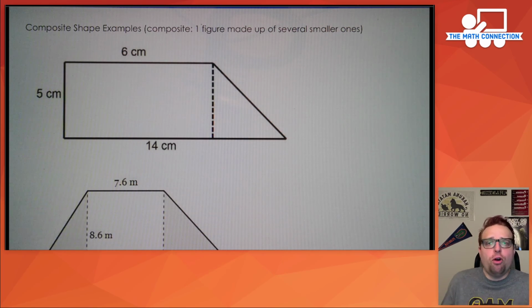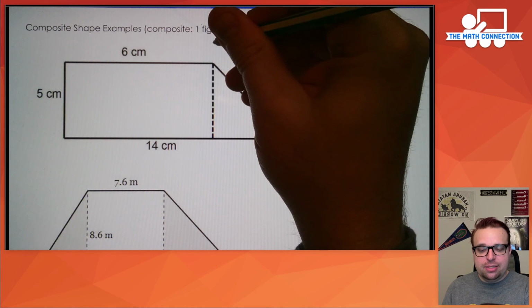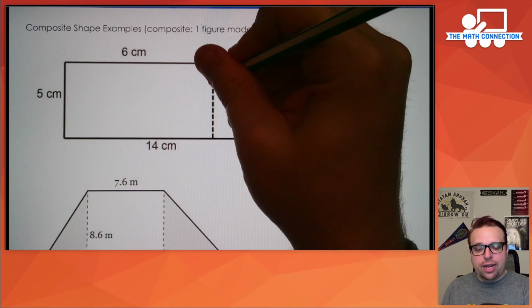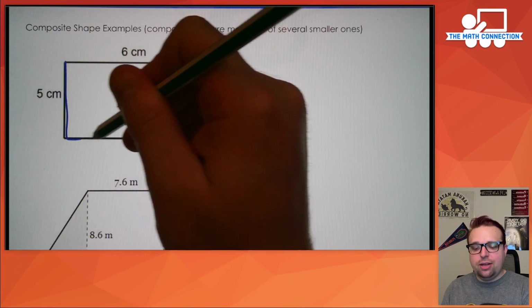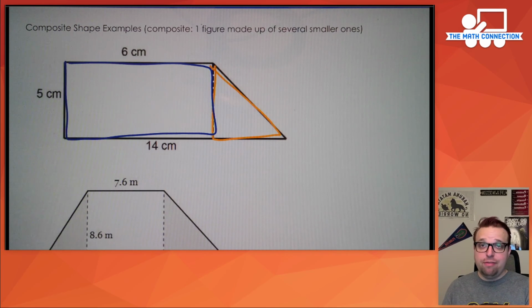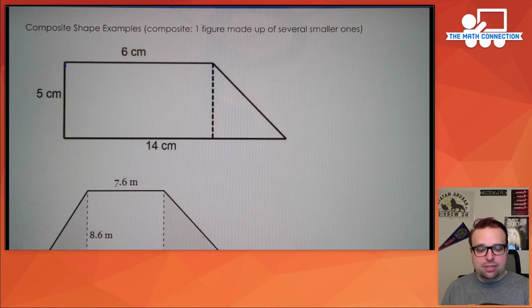There's no formula. What formula do I follow? Okay. But really, if you break this shape apart into two pieces, you have a triangle over here, which you have a formula for, and you also have a rectangle over here, which you have a formula for, base times height. So we can absolutely find the area of this entire figure.